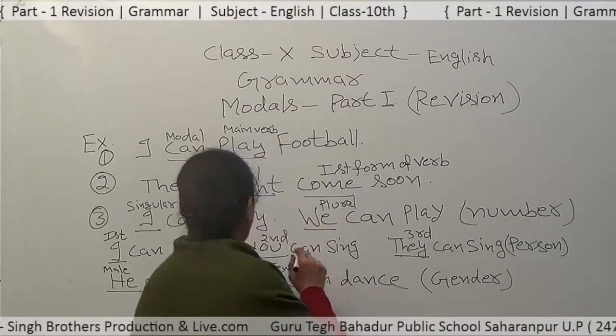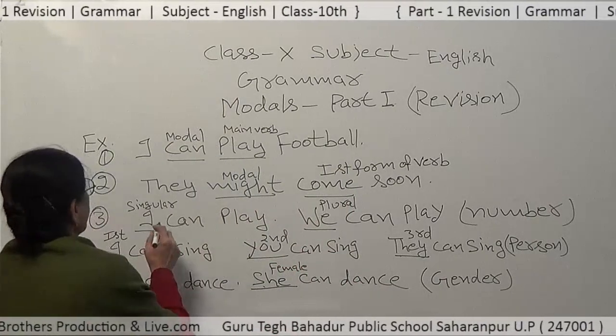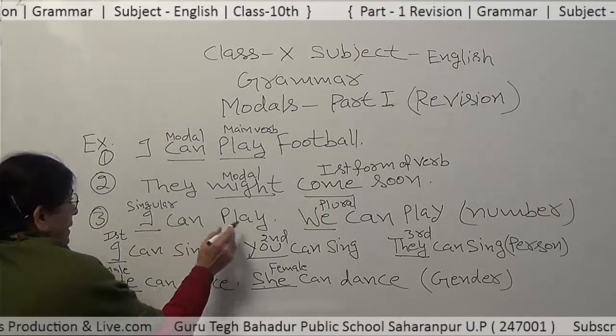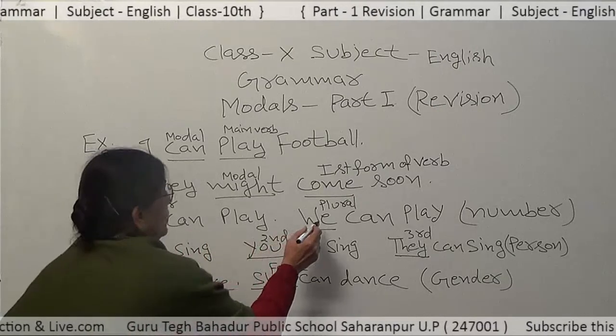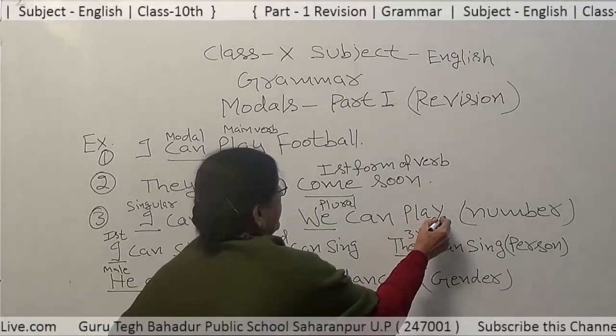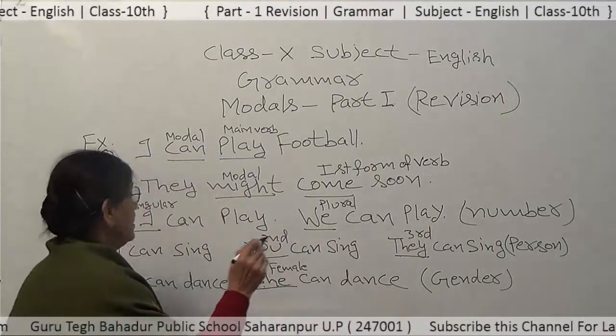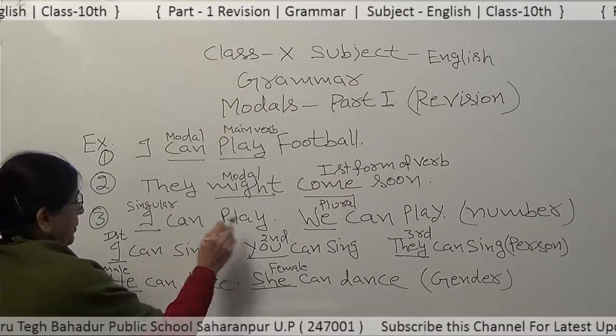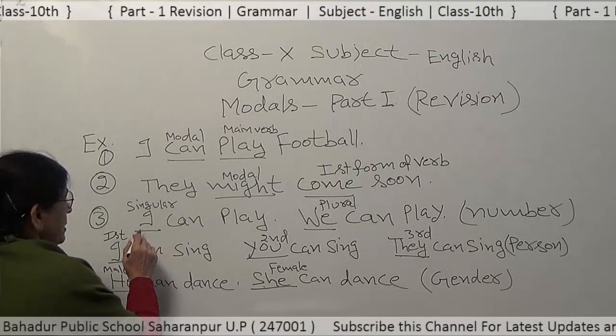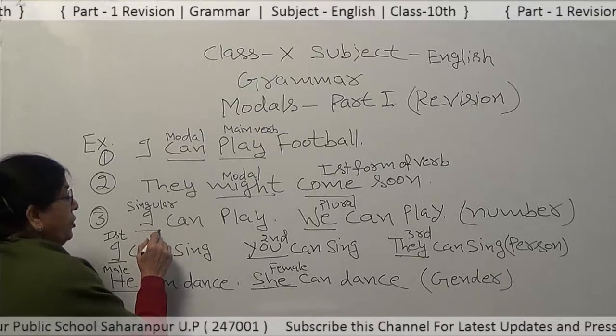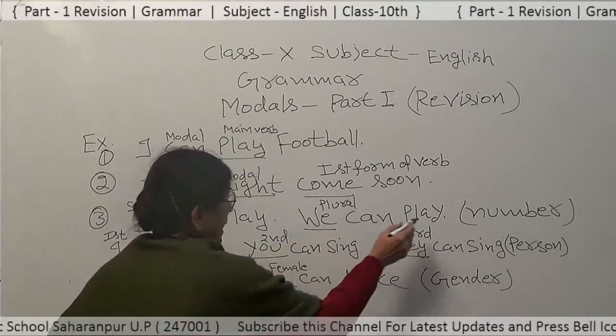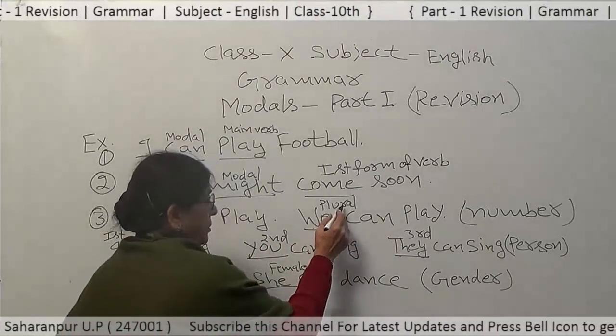Here I have given the examples. I can play, we can play. I have taken very simple examples. I can play. Here I is singular, we can play, we is plural.